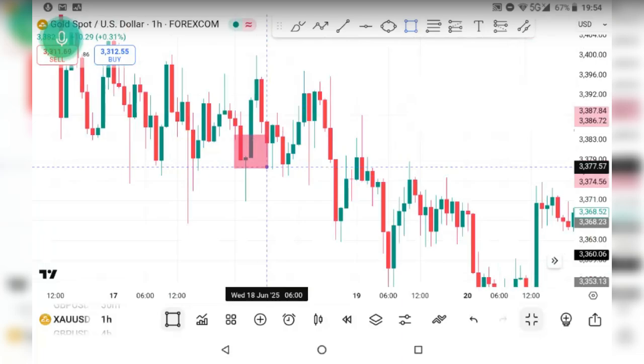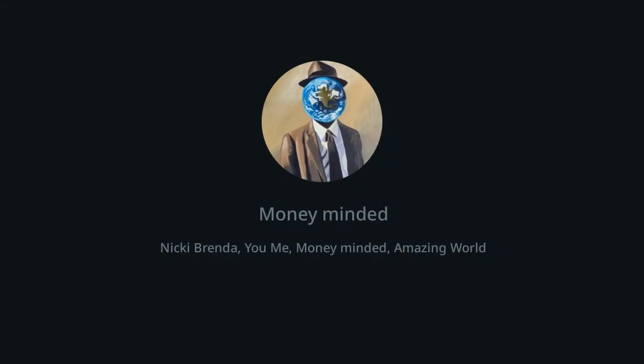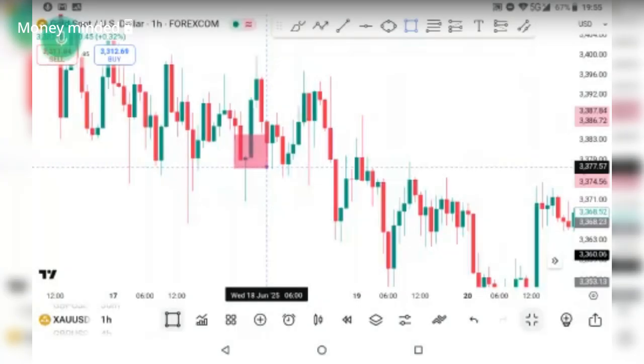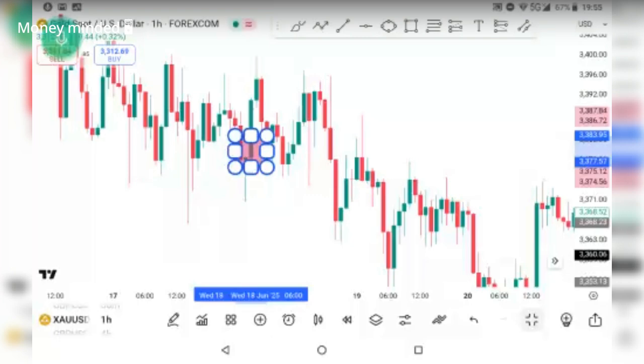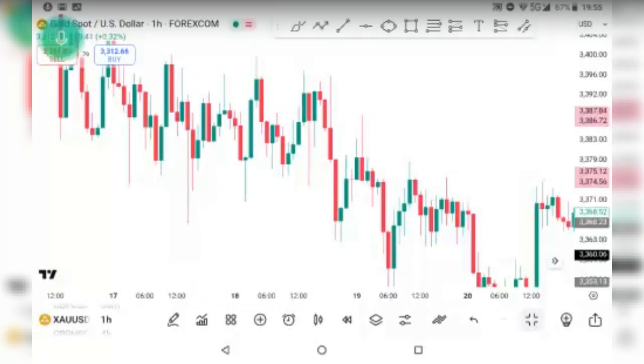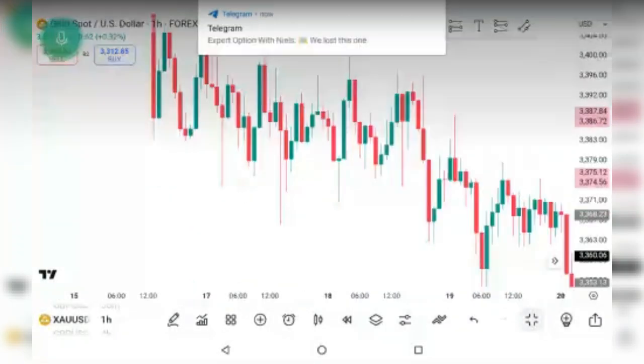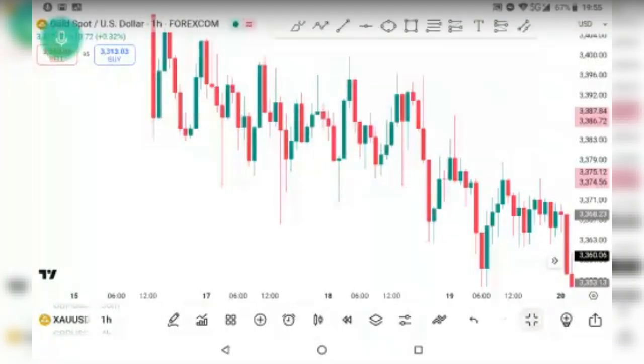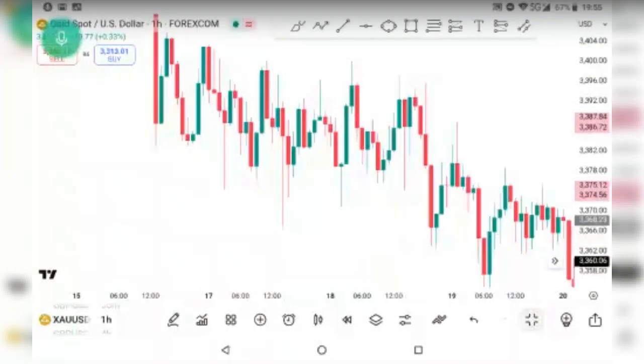See it at your point of interest, like where you want to take your buy or sell from. That is where you start deciding to say, okay, should I buy from here or sell from here? See the confirmation pattern at your point of interest, because if you are looking at it, you see multiple confirmation patterns in different places.